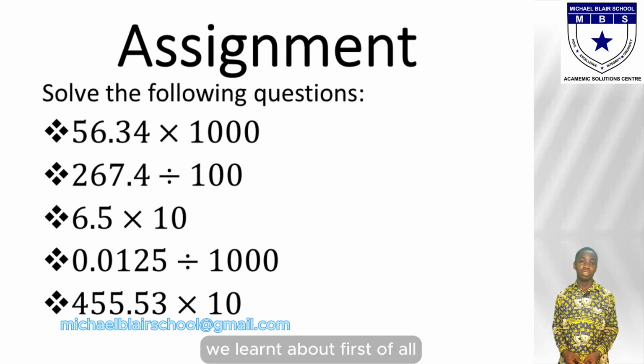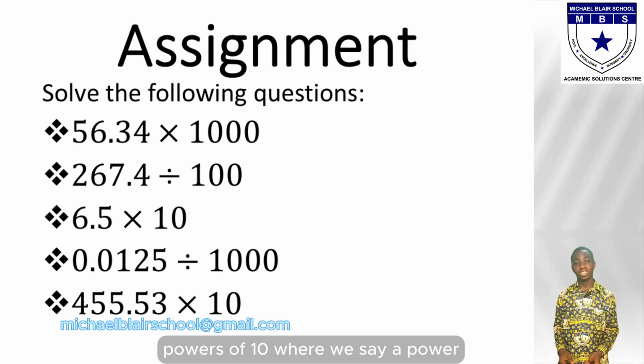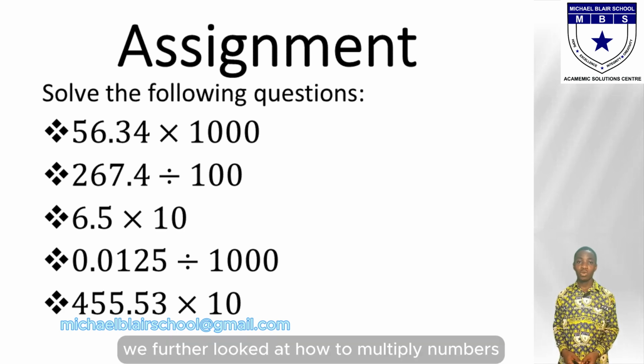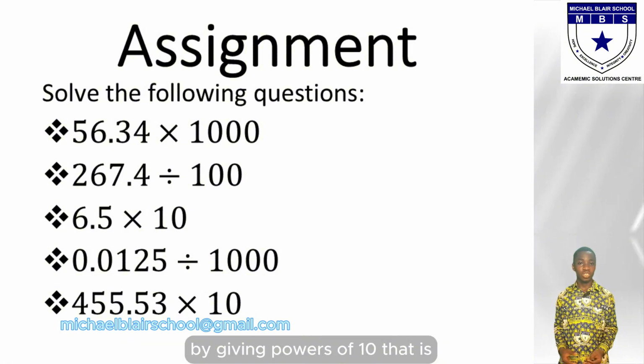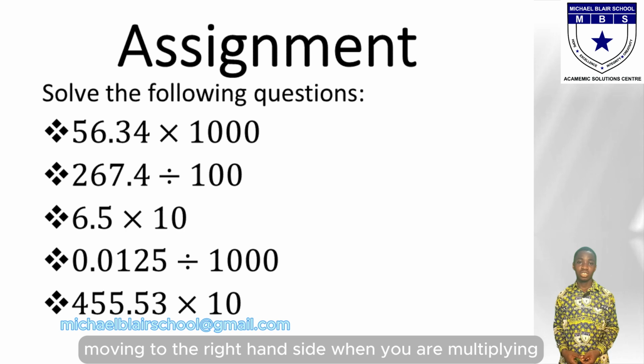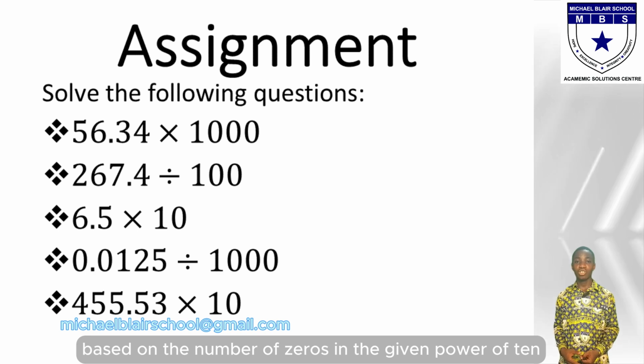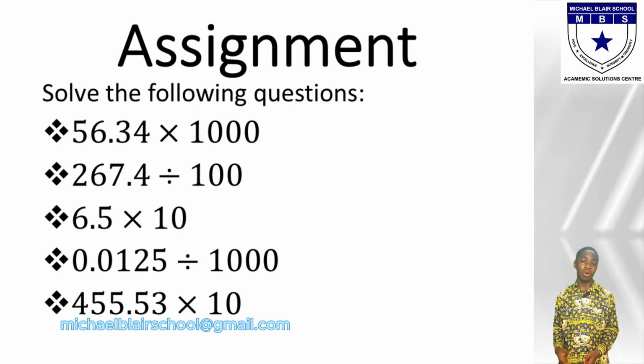I would like to draw the curtain on today's lesson. We learned about, first of all, powers of 10. So we say a power, and we also looked at what it means to say power of 10. We further looked at how to multiply numbers by given powers of 10, that is, moving to the right hand side when you are multiplying, and that must be done based on the number of zeros in that given power of 10.